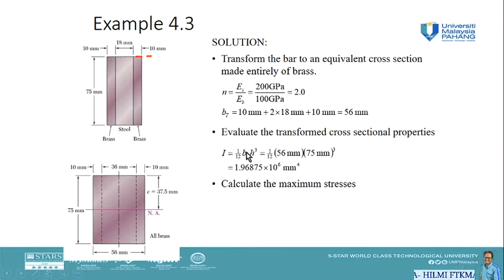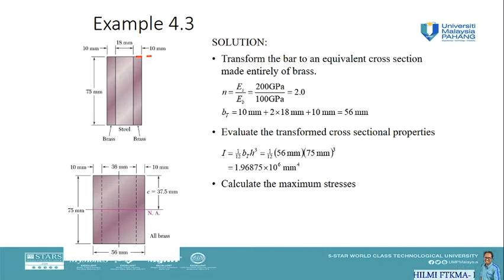So b will be the breadth of the transform section, which is 56 millimeter, and the height doesn't change from the original to the transform, remaining 75. We are going to get I equal to 1.96 times 10 to the power of 6 millimeter to the power of 4. And the maximum distance from the neutral axis, c, would be 37.5, half of the total height.